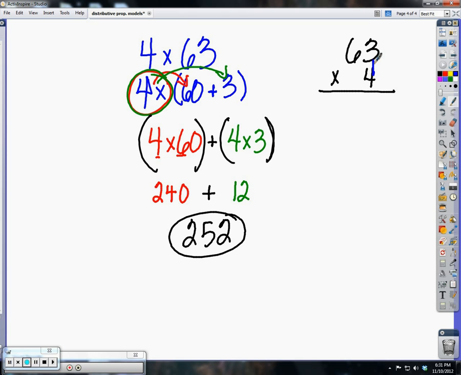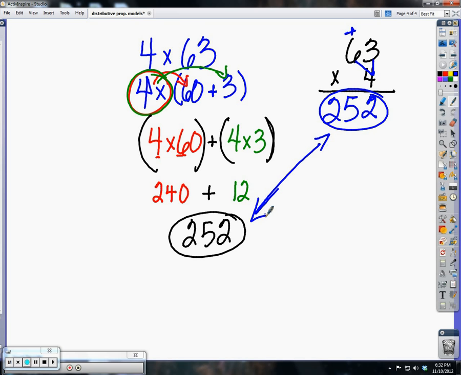Then 4 times 3 is 12. We would put down our 2. We would carry our 1 over to the tens column. Then 4 times 6 is 24 plus the 1 we carried is 25. So you do end up with the same product.